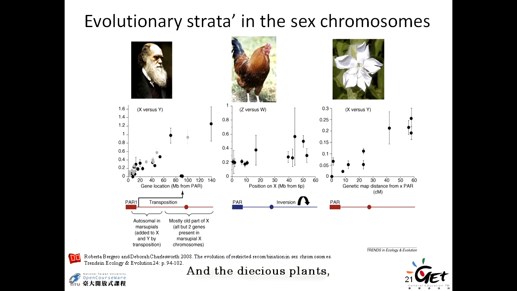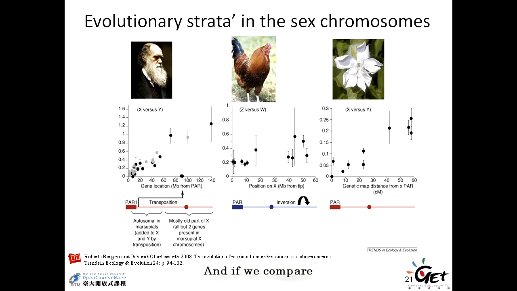In dioecious plants, when we learn about plants, we always look at the flower, and the flower has both male and female organs. But dioecious plants have sex chromosomes; they have different male flowers and female flowers. They are also an XY system, with X chromosomes and Y chromosomes.